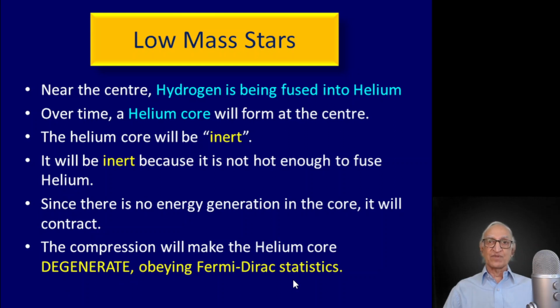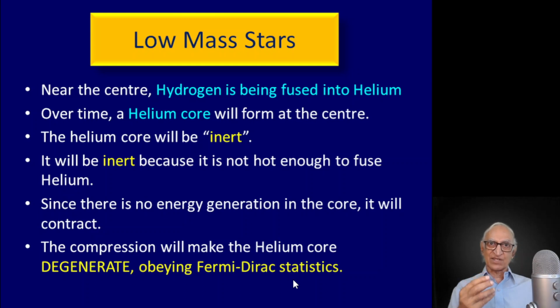How do I know? Because I asked you to do a little problem in the previous lecture. Consider the density at the center of the Sun, roughly 150 grams per cubic centimeter. It's all hydrogen, so you know how many electrons there are, and its temperature is 15 million degrees at the center.